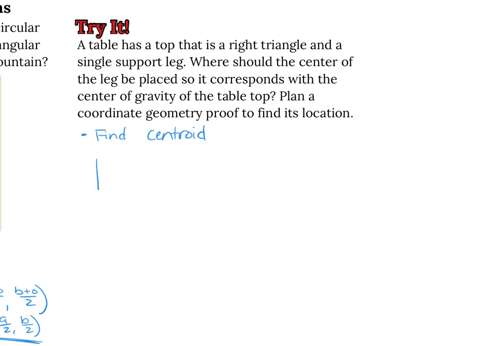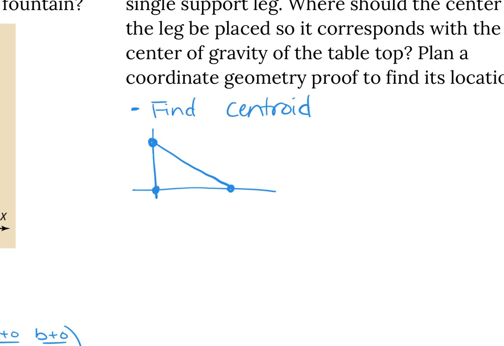Okay, in my right triangle table, my A coordinate, my B, and my C, and then my bisectors.